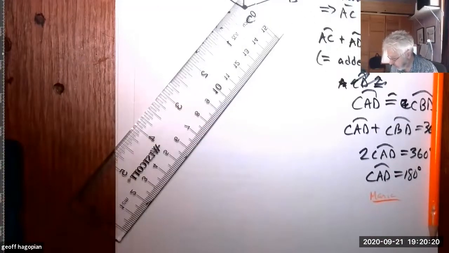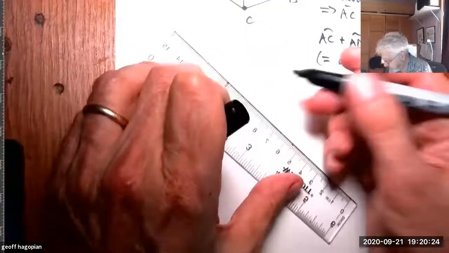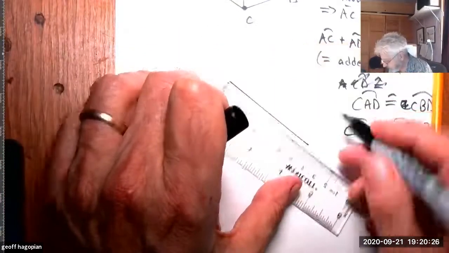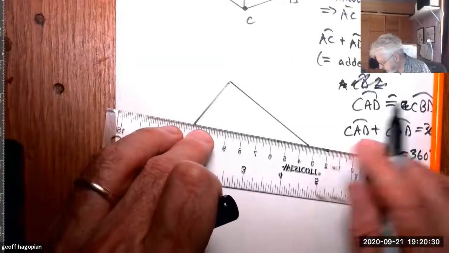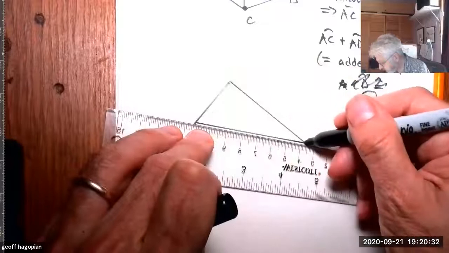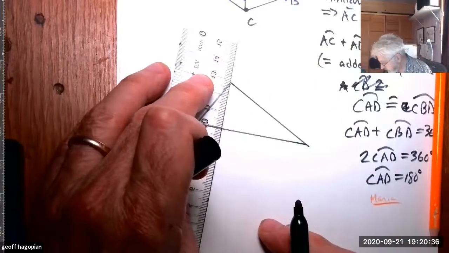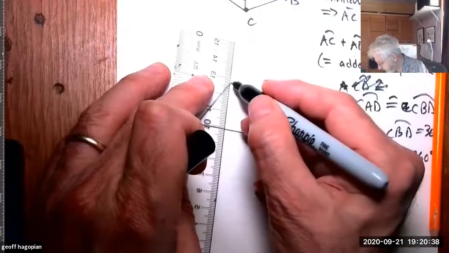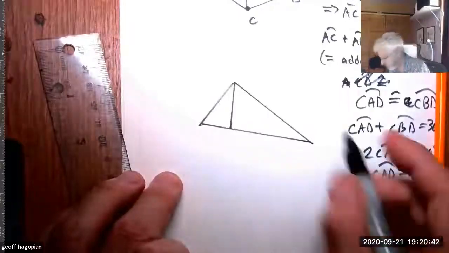And I'm just going to make it sort of ridiculous looking so as not to prejudice myself. So this altitude is supposed to be congruent to some other altitude.